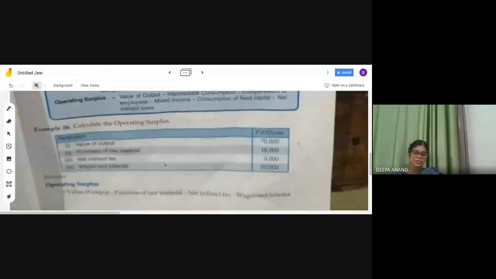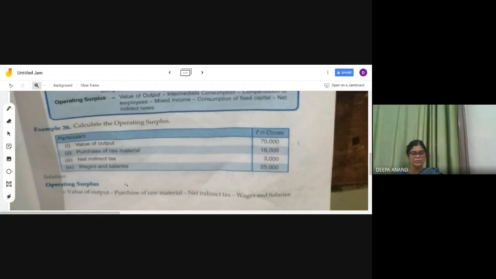Okay, see this question also. This is the last question, and it's a very easy question. Operating surplus is equal to value of output minus purchase of raw material, that is intermediate consumption, minus compensation to employees, here given as wages and salaries, minus NIT.